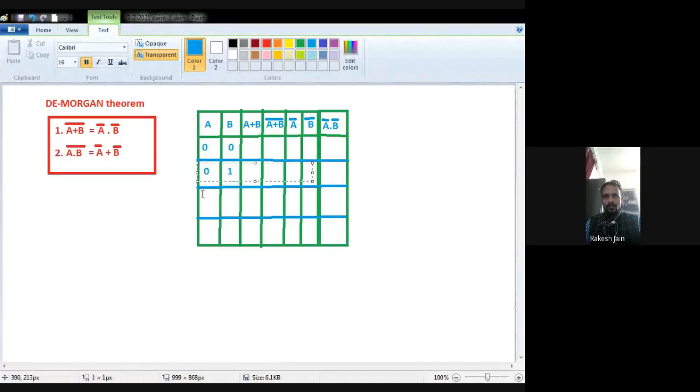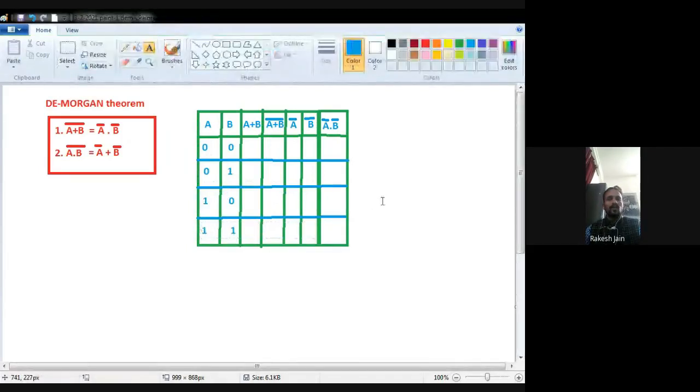Now see. Because A and B two inputs are there, they may be 0 0, 0 1, 1 0 and 1 1, 4 inputs.